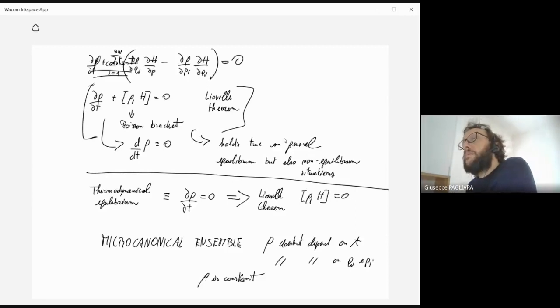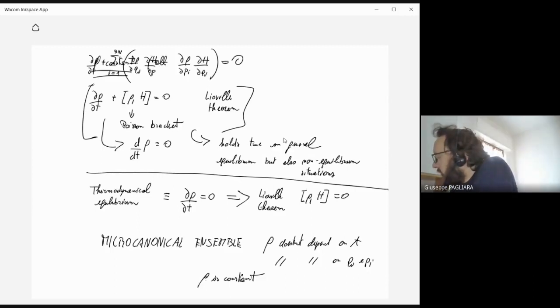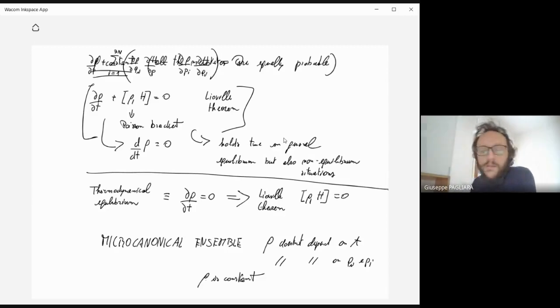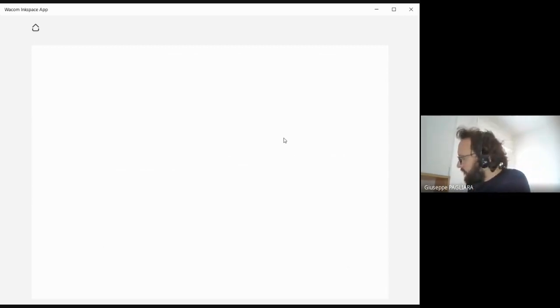We said this ensemble average is the sum of f_i over all the possible microstates by assuming that all microstates are equally probable. So saying that rho is constant means that all the microstates are equally probable.